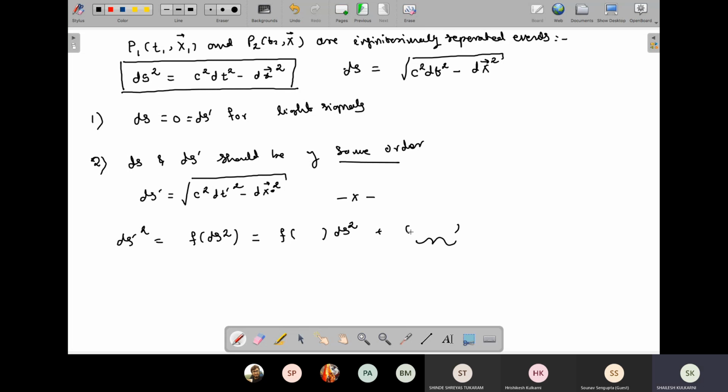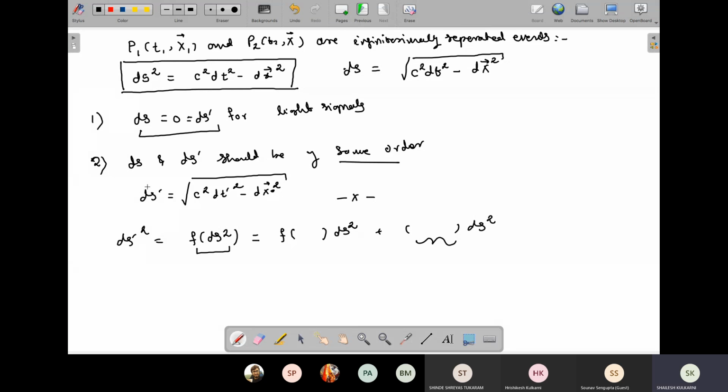So if there is such a term, it should also come with ds square. Agree? There should not be any additive factor. I'm writing this in shorthand notation as f of ds square. Is that clear? So the first condition tells us that there should not be any additive factor.